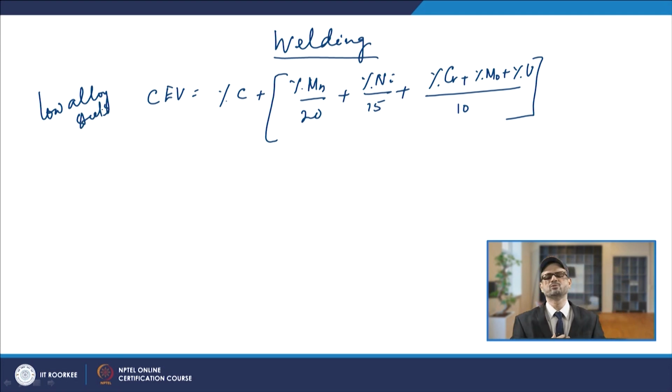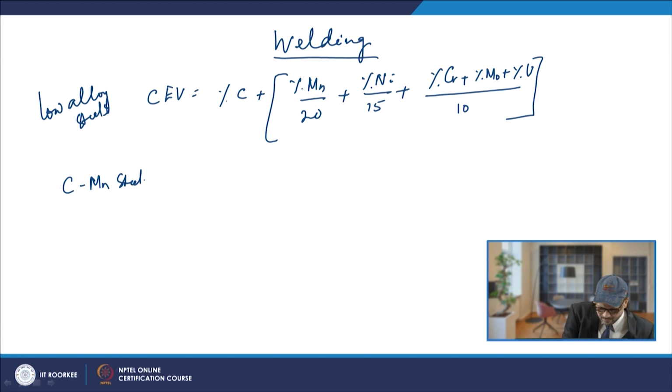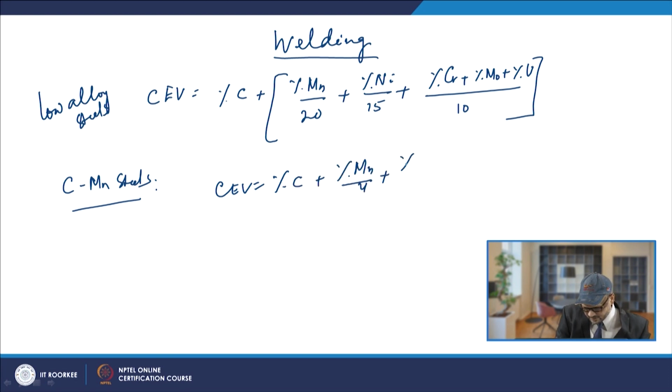Similarly, you may have another type of relationship given for the carbon manganese steels. For carbon manganese steels it is normally given as percentage carbon plus percentage manganese by 4 plus percentage silicon by 4. This way you will have the value for the carbon manganese steels or low alloy steels.